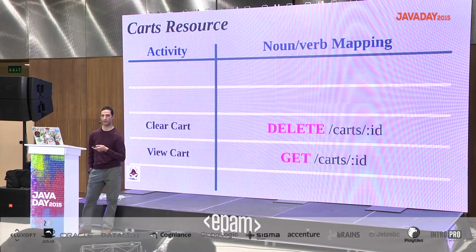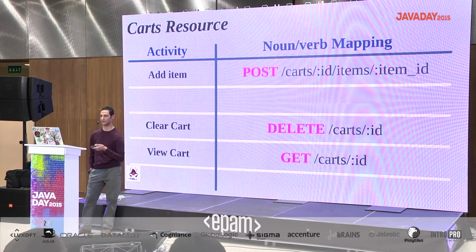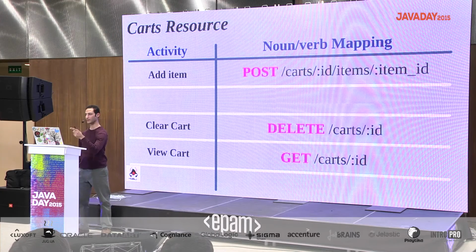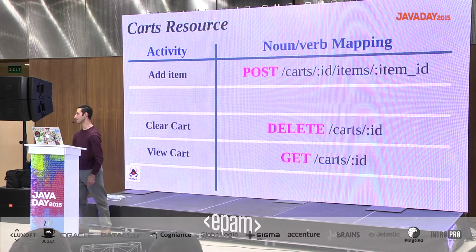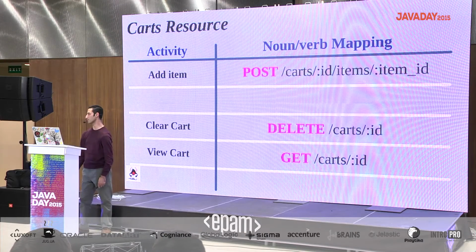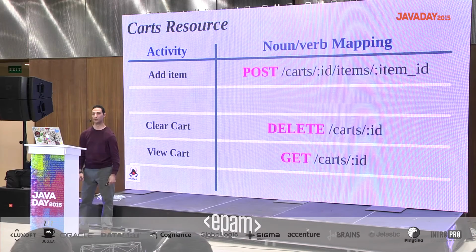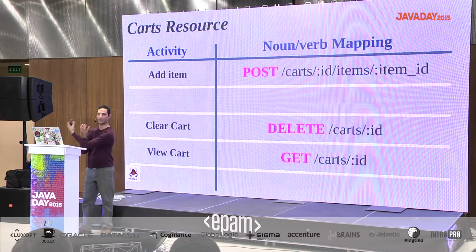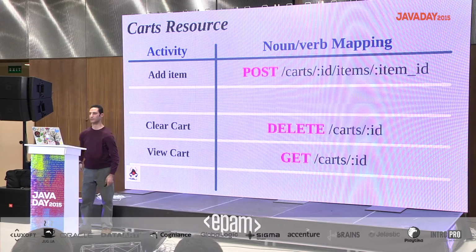So let's figure out how we can do it in our activities. To add an item, you have the cart by ID, then items, which is the collection, and then you add the item by ID. This is the final URL to have, because they are dependent on each other. The association between them is the cart, and here is the item resource after the verb, then finally the item ID.